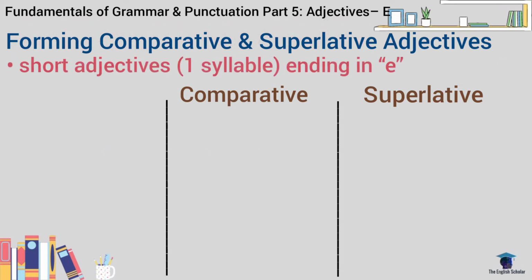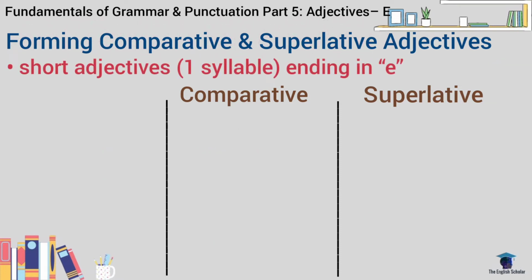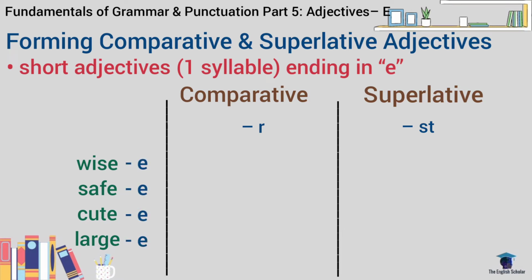For short adjectives that end in letter E, we just add R for comparative and ST for superlative after the adjective. Examples: wise, safe, cute, and large. If you notice, these adjectives end in letter E. So, to form a comparative adjective, we just add R at the end.